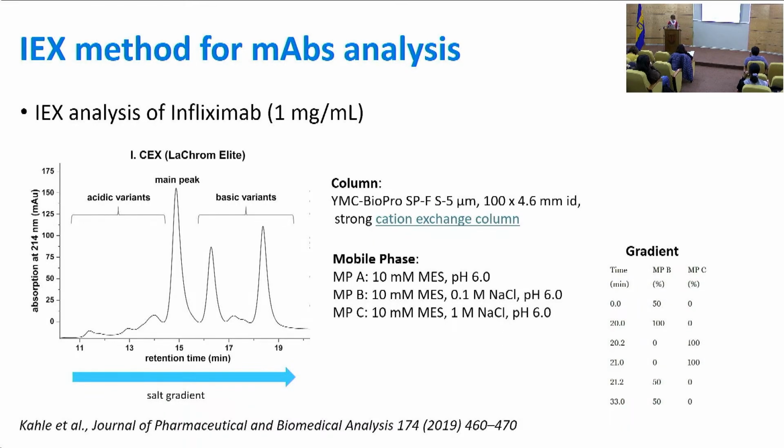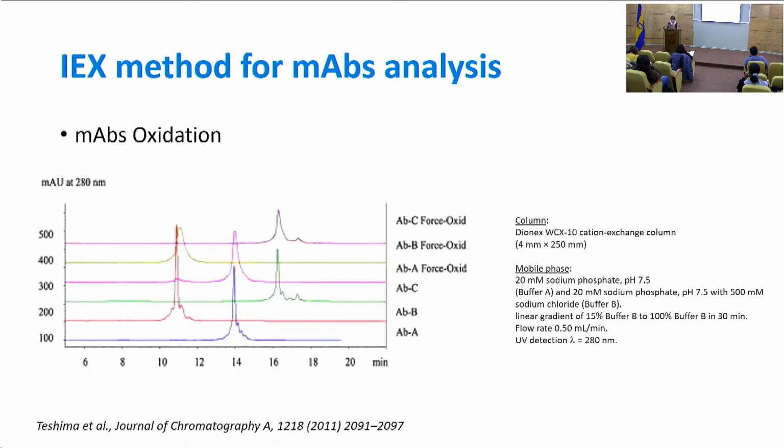In this case a strong cation exchange column has been used. They compare the profile obtained for normal MABs and MABs under forced oxidation. They performed a forced oxidation by adding a solution of hydrogen peroxide to the MAB preparation, which will generate oxidation of the methionine and the tryptophan, methionine mainly in this case.